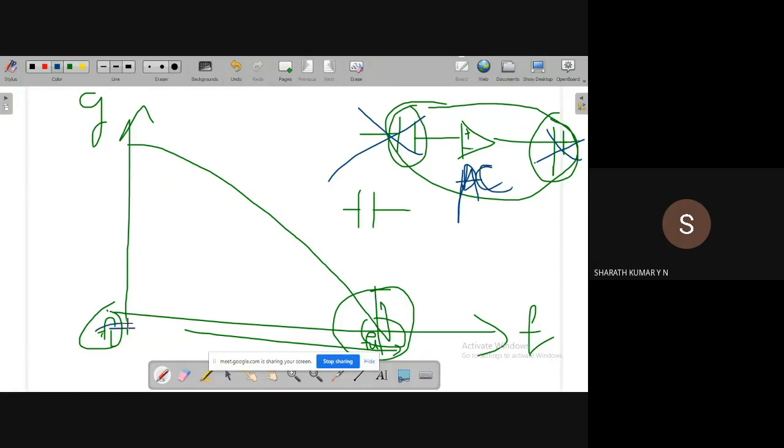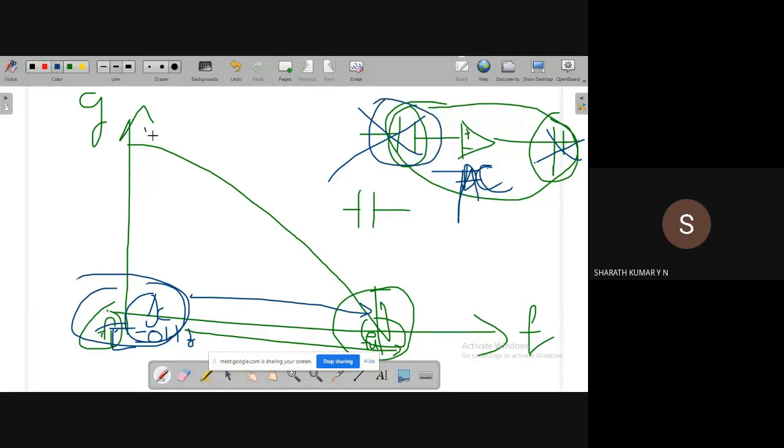Then the lowest cutoff frequency FL is 0 hertz. What is 0 hertz? DC. That means the op amp can be used anywhere from the DC component to higher-frequency AC components. But the coupling capacitor sets the lower cutoff frequency FL, which is bigger than 0 hertz.